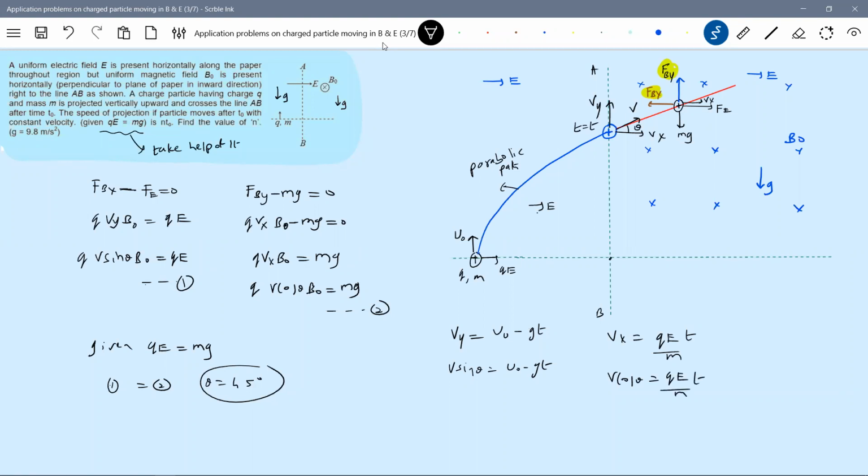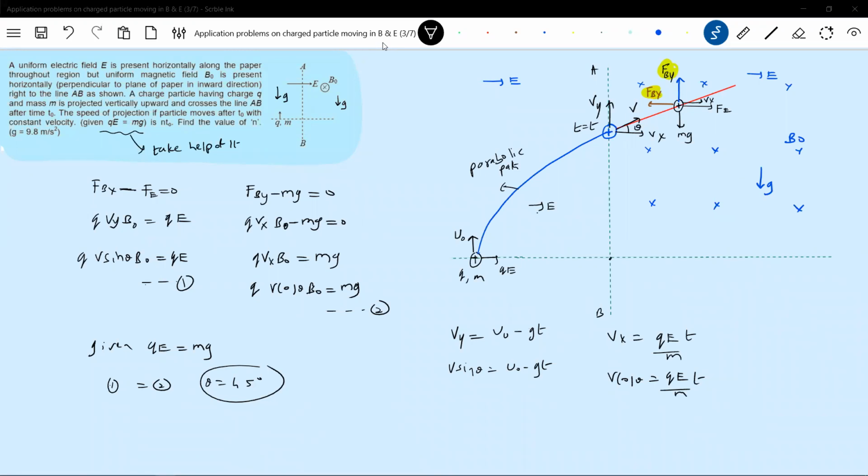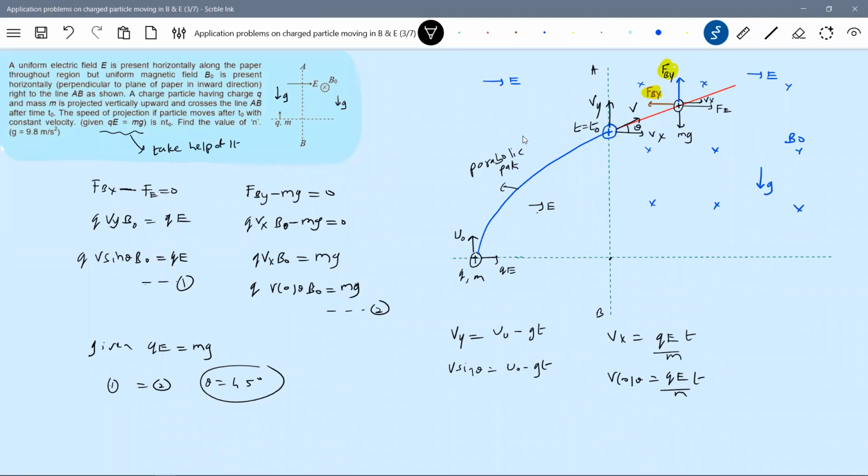Hope I think we can now get into it very easily. Theta we know is 45 degrees. t naught, okay, I'll put it t naught. Lot of symbols are there. Okay, t naught I introduced.